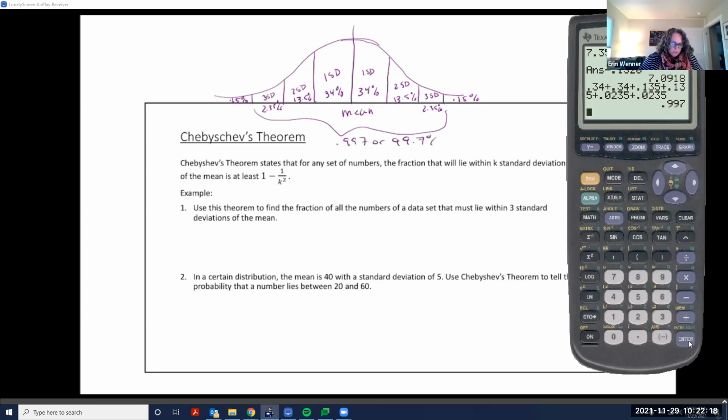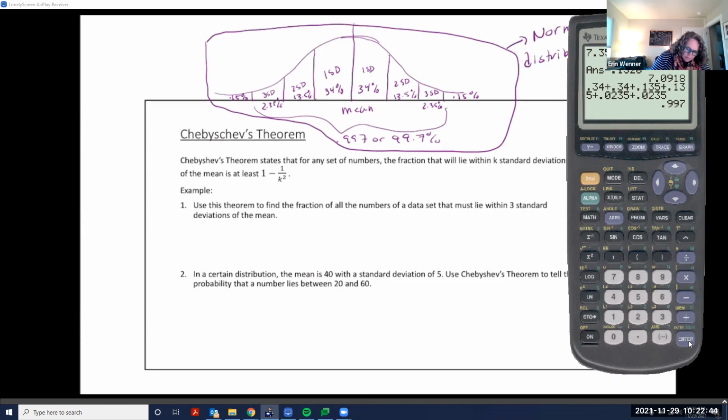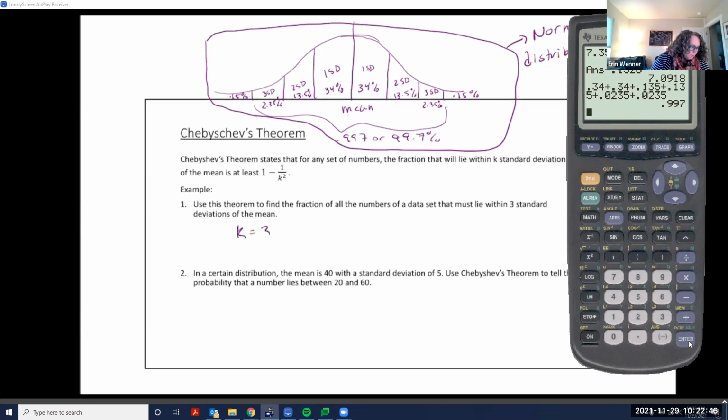or 99.7%. So if we look at how that relates to Chebyshev's theorem, remember, this is only a normal distribution, okay? And not all data is normally distributed. But for this theorem, it says the fraction of the numbers that must lie within 3 standard deviations, so K is going to equal 3.